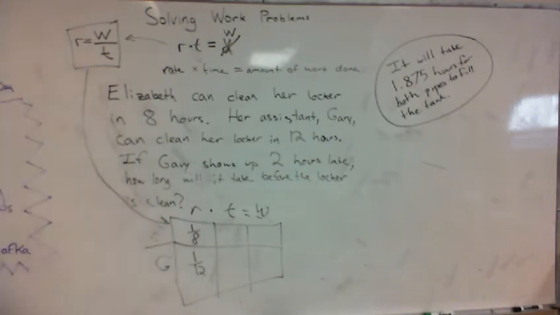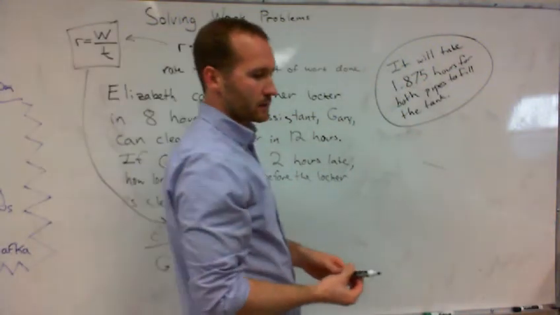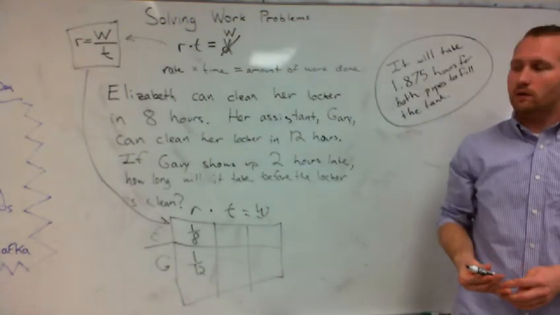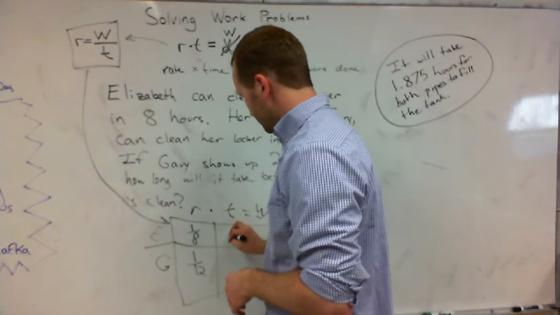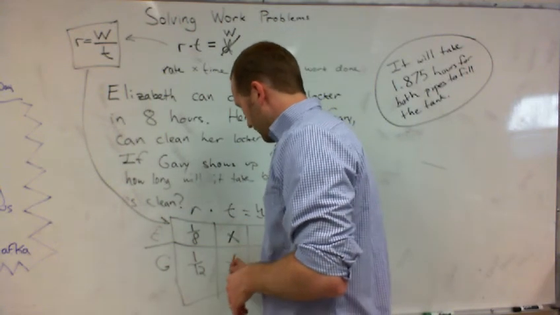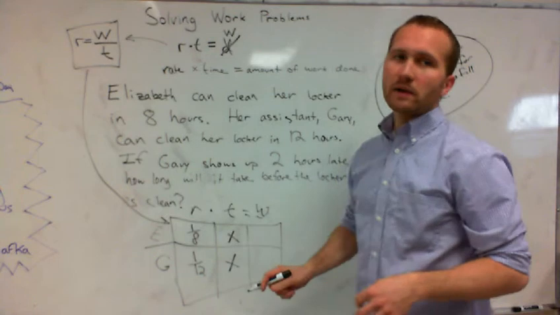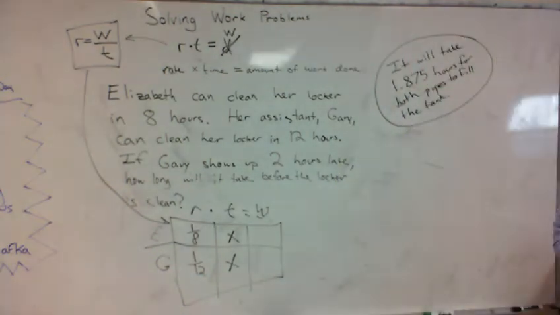Okay, how about the time? What's our time going to be in this equation? We're just going to call it x for now. There are other ways you could do this, but let's just say it's x. The time is unknown.